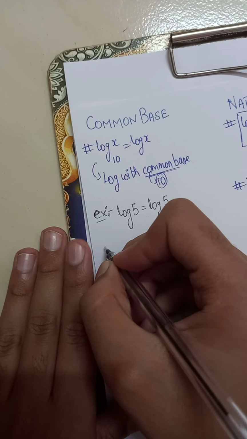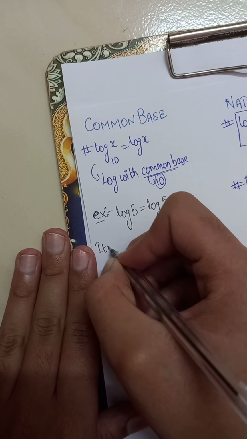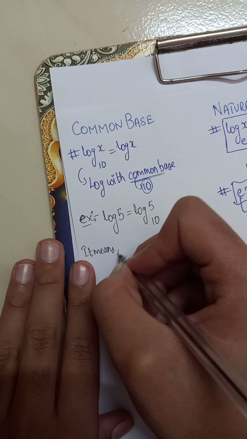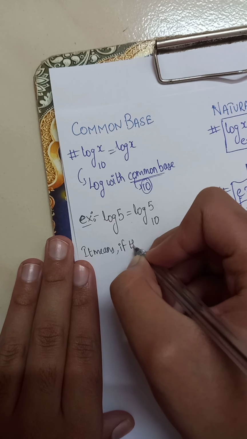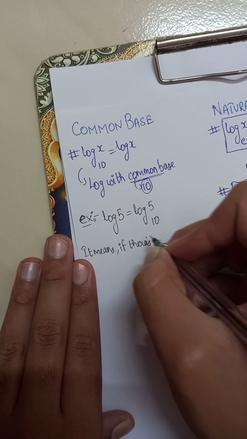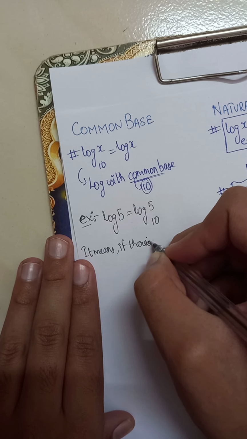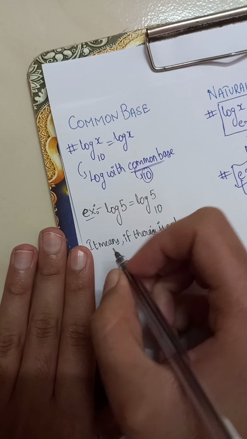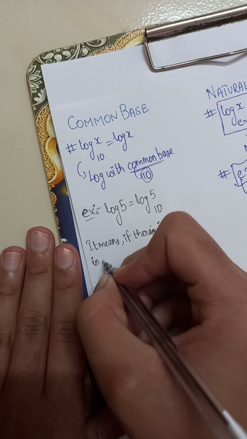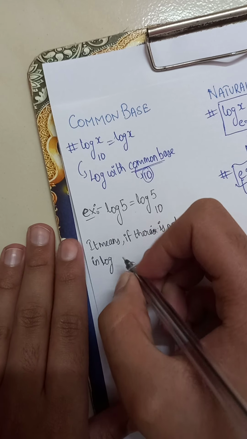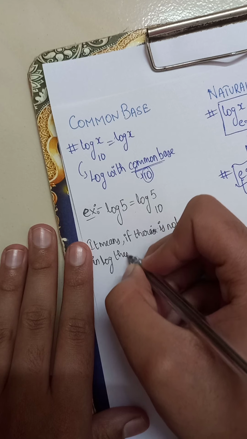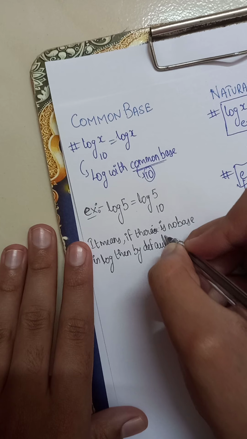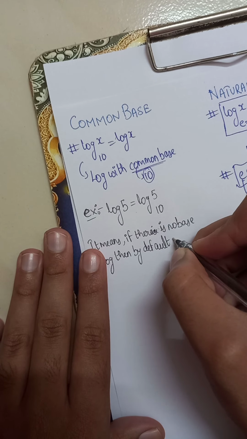Please write a note down here: if there is no base in log, then by default the base is 10.